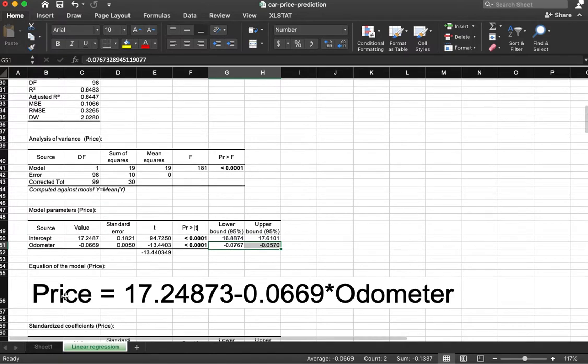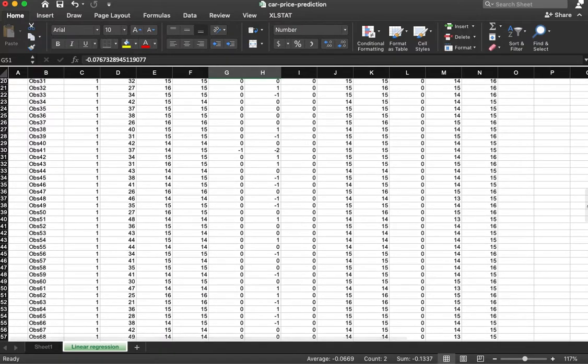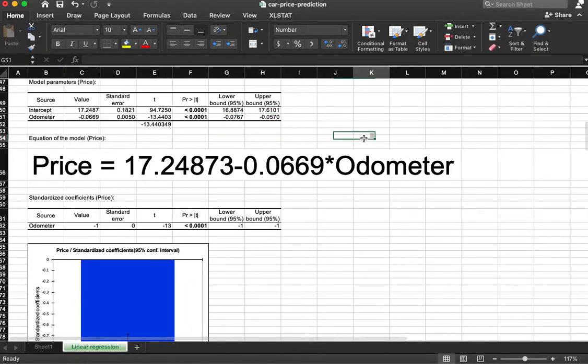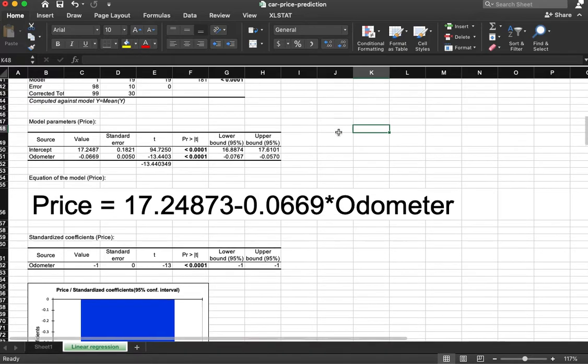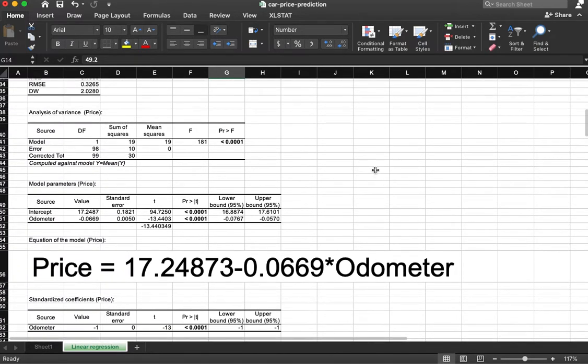Okay. Now we have this equation. And so we have a bunch of information it presents here and some graphs at the end. To use this, we can say, let's come up with some values for the odometer between 19 and 49. So let's try 25, 30, and 35.